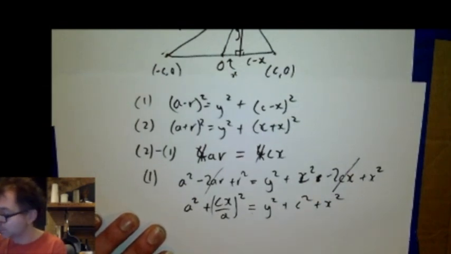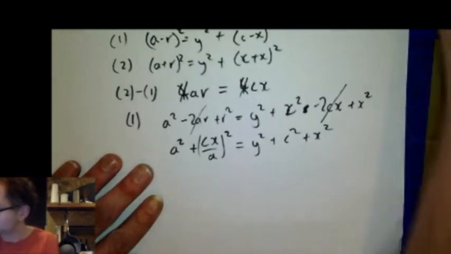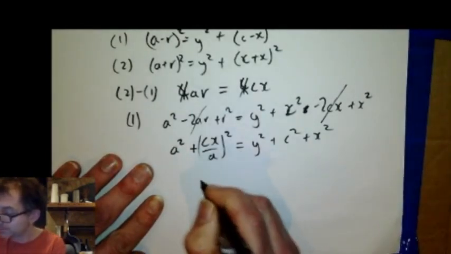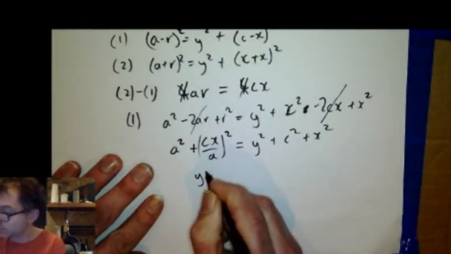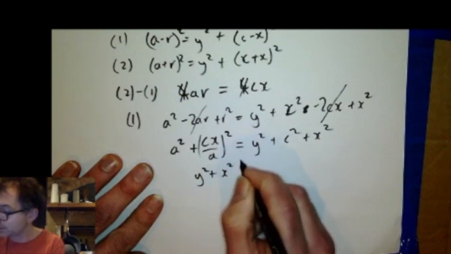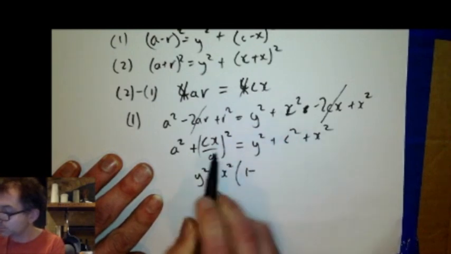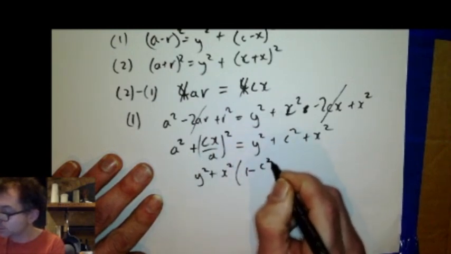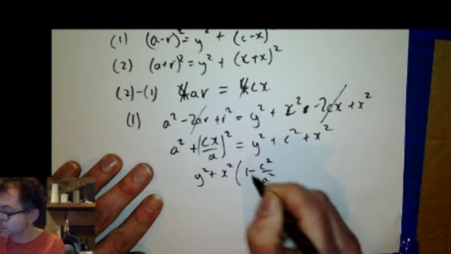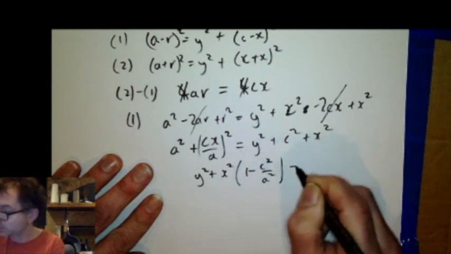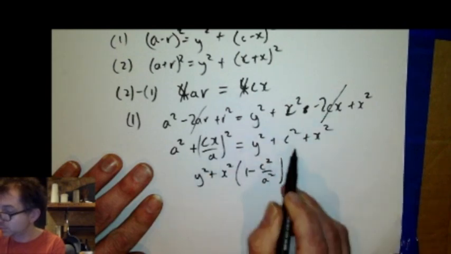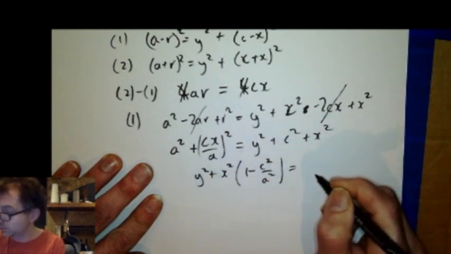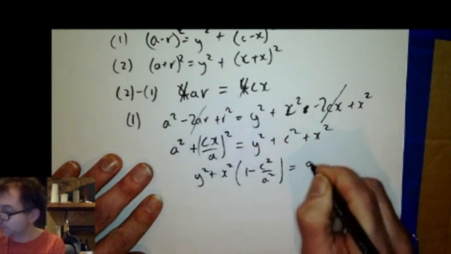And so you can rearrange this to get y squared plus x squared into 1 minus c squared over a squared equals a squared minus c squared.